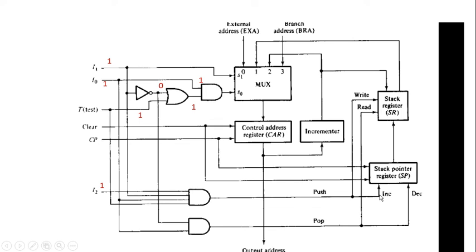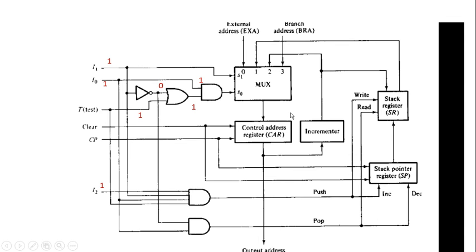That means the incremented value of this control address register is going to be loaded into the stack register file. Why? Here this AND operation triggers a push, so after incrementing the current value of our control register, the incremented value is written back into the stack register file.